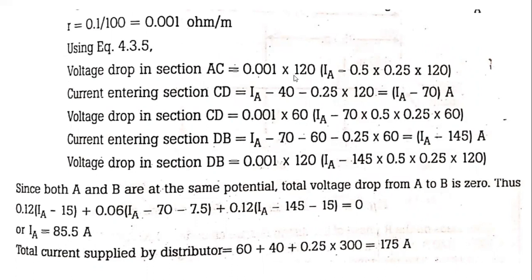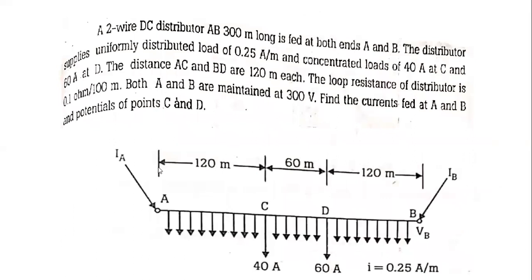That is resistance into the length of section AC into the current in section AC. The current in section AC is IA minus 40 minus 60.